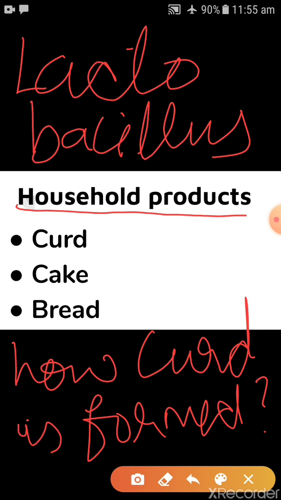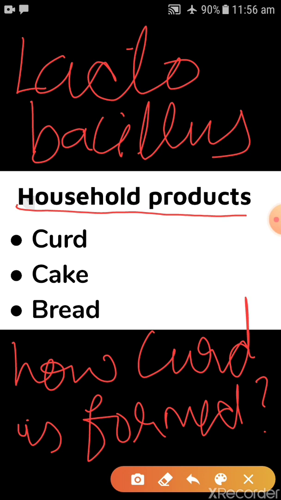From that we take half a teaspoon and add it to the full glass of milk. Lactobacillus is a bacterium. What this bacterium does is multiply in milk and convert it into curd.